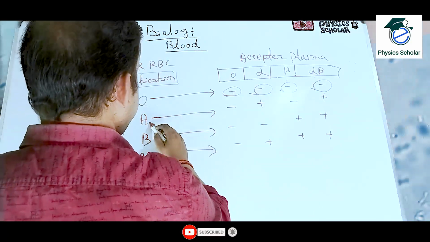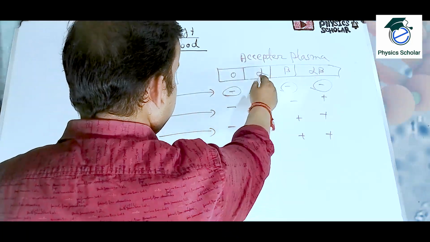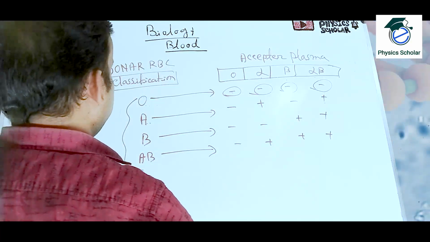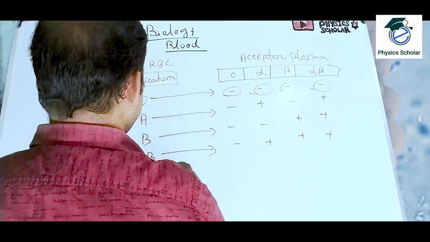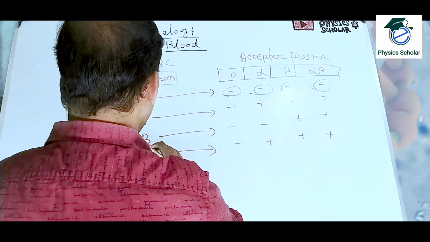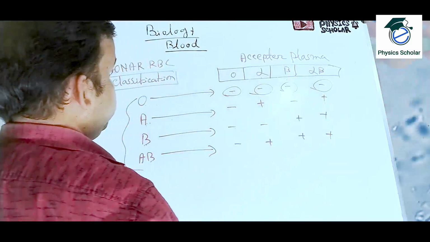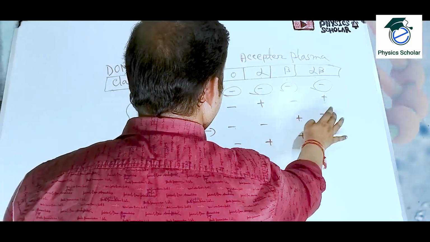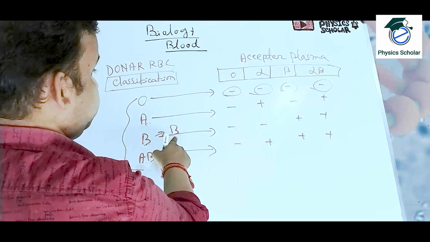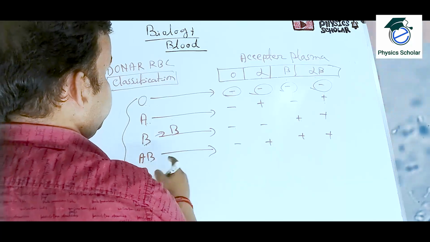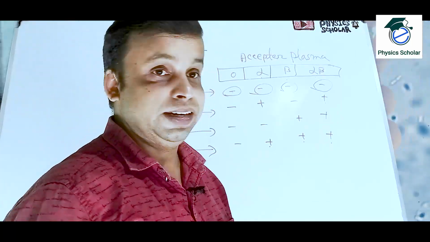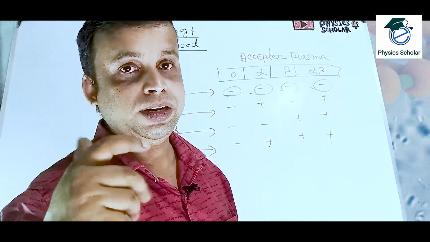Now A, clear. If alpha or alpha-beta agglutinin are present, then this will react. If the blood group is B and beta or alpha-beta agglutinin are present in plasma, then it will react, because the B agglutinogen is present over here. For A and AB, if any type of agglutinin is present in plasma, then agglutination will take place.